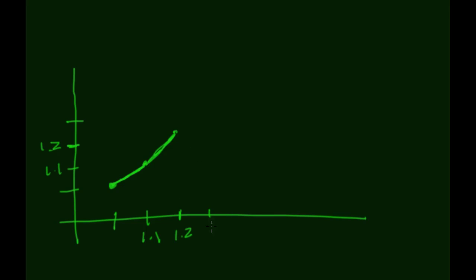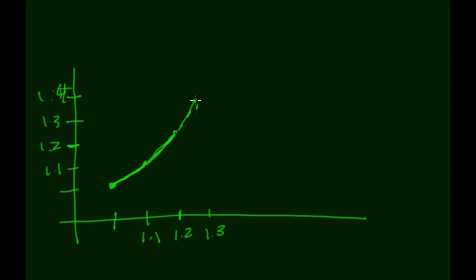And then at 1.3, we went up to about 1.36. So 1.36 is between 1.3 and 1.4, about halfway. So it went up this way, and maybe not far enough over. 1.3 is here, right?